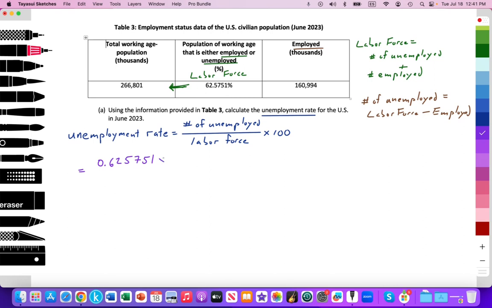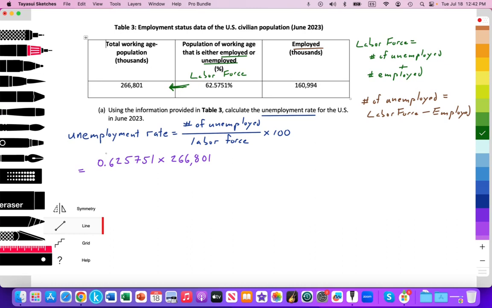I'm going to multiply that decimal value by the total working age population, 266,801. And let's be mindful that this number we're calculating here is going to be our labor force.